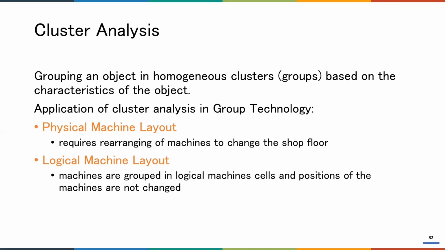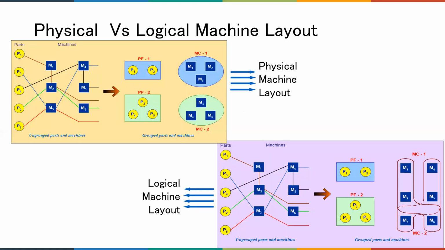It means that after you cluster it, you move or rearrange the machines to change the location, or you already group the machines, you already have the cluster, but the positions of the machines are not changed. So this is the difference.